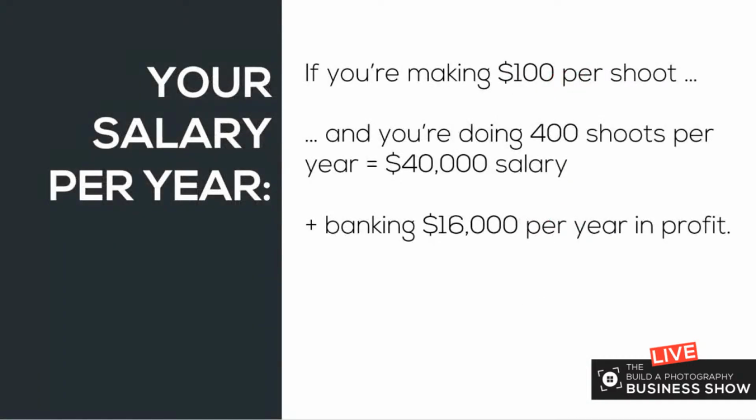So if you're doing 400 shoots per year, then that would give you $40,000 per year as a salary before tax. And you're also banking $16,000 per year in terms of profit margin. So that way, that's money that you can set aside and let it build.